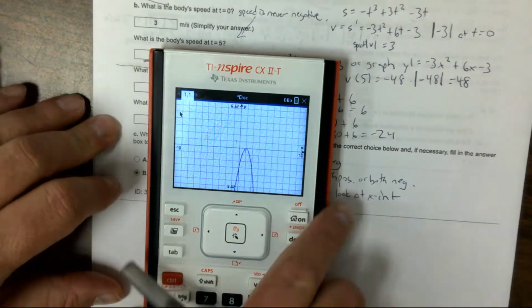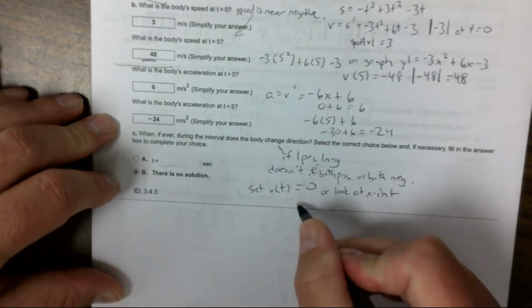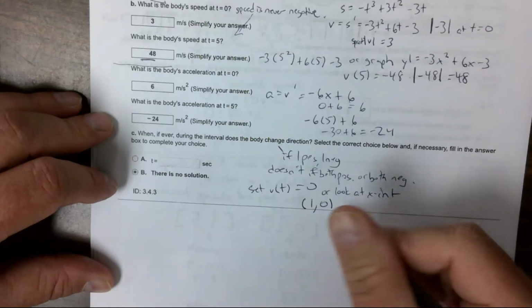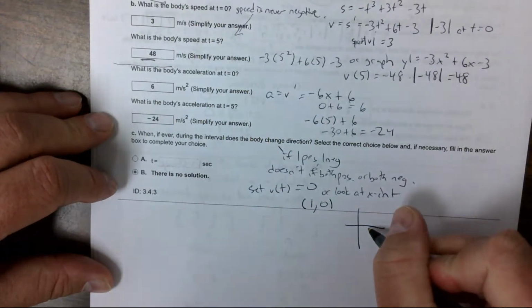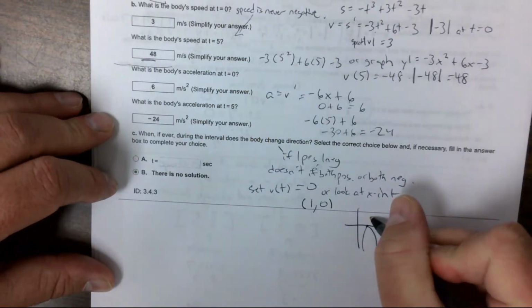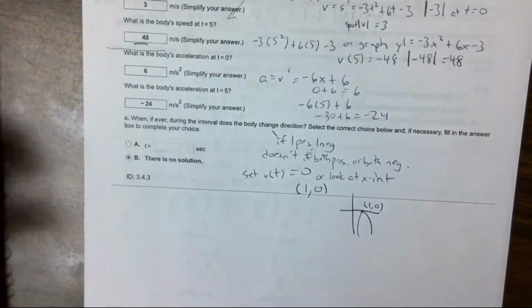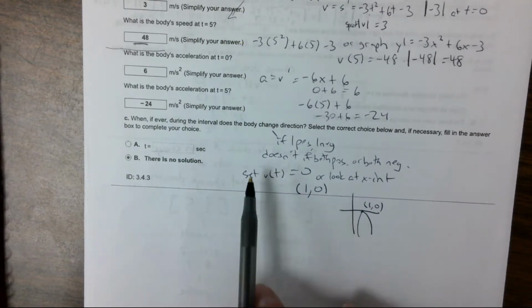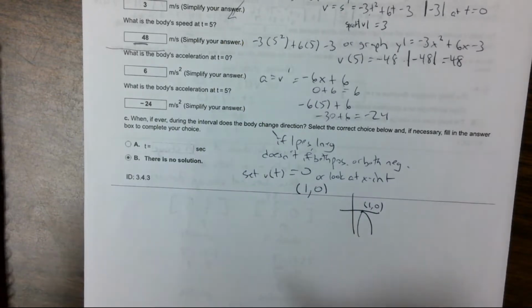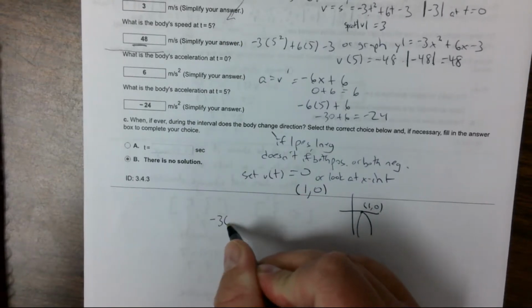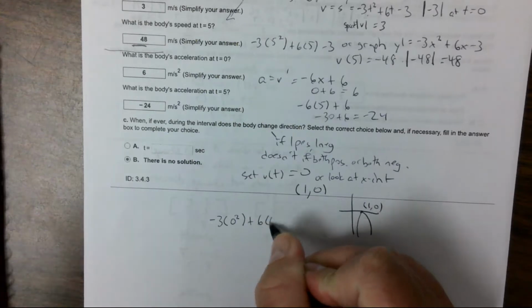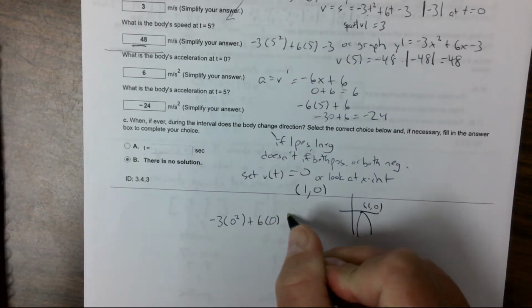So it's 1, 0. Because your graph looked like that. And then we do negative 3 times 0 squared plus 6 times 0 plus 6.